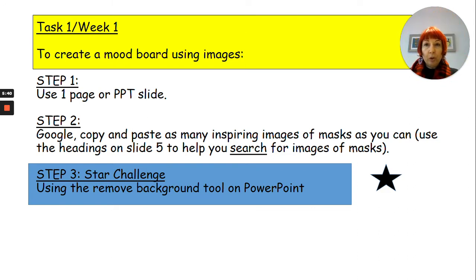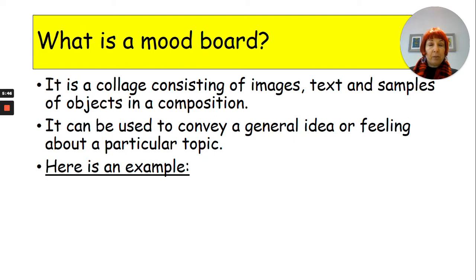Now, a mood board is very different to a mind map. I'm just going to skip ahead one slide to talk about what a mood board is. It's a collage of images, text, and perhaps some samples of objects put together in a composition, and it conveys a general idea and feeling for the topic.